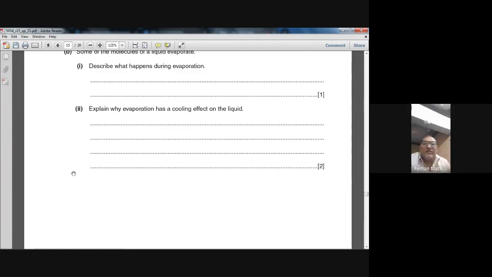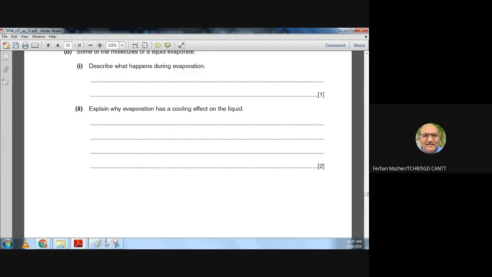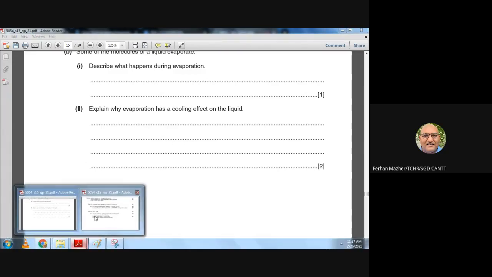That argument we have already done. So the molecules which are left in the body of the liquid, they have lower kinetic energy. Due to this, the average kinetic energy of the liquid molecules will drop. So when the average kinetic energy drops, the temperature of the liquid will drop. This causes the cooling effect.